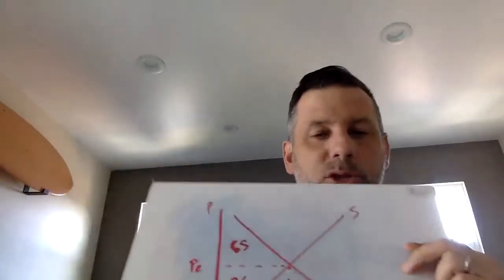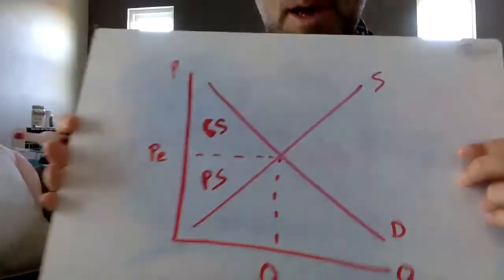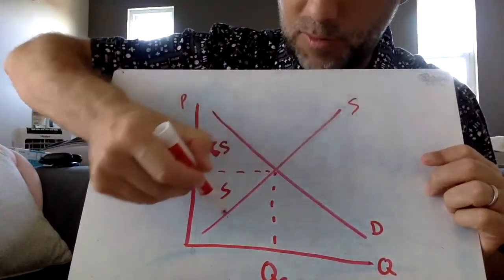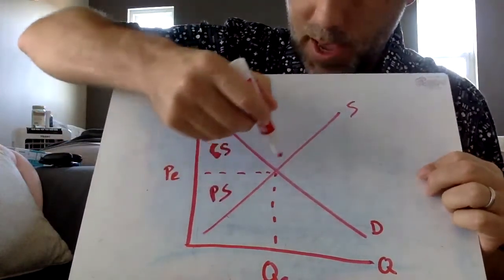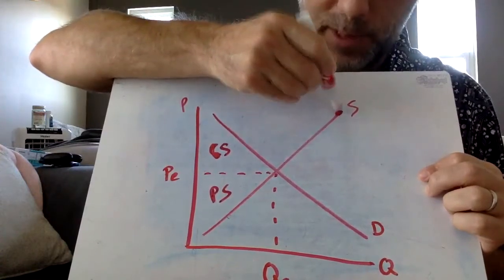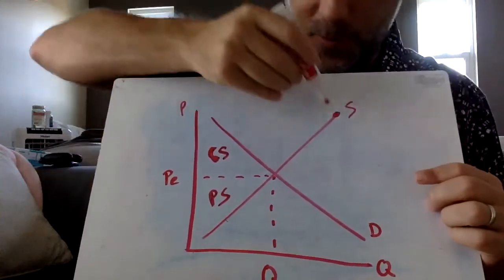So what this model shows us is that our supply curve is made up of lots of different people, and some of them are only willing to sell at a really high price, but they're not willing to sell if the price is any lower.